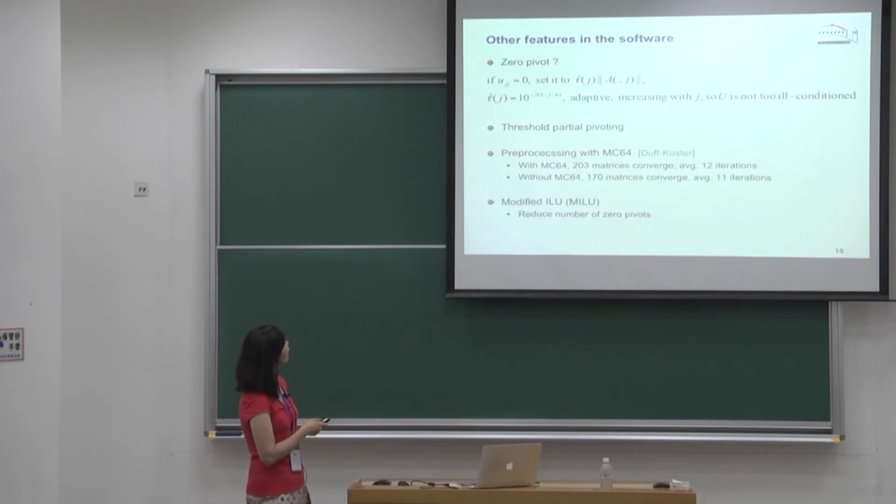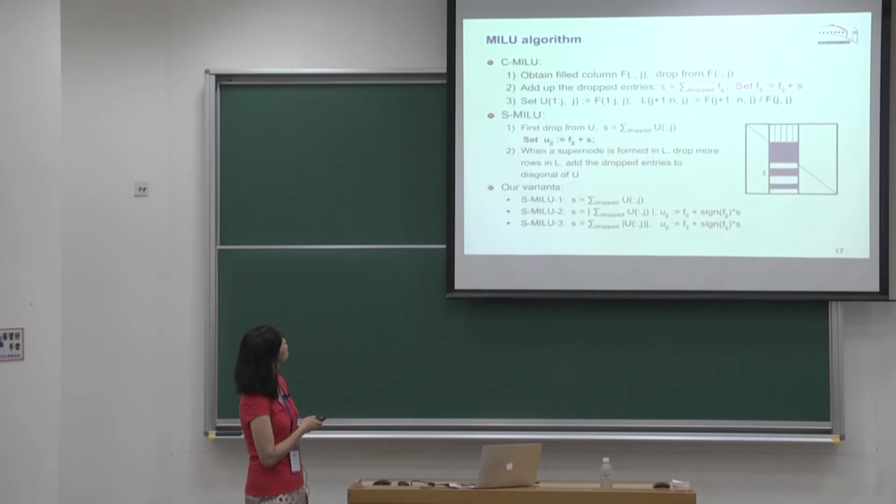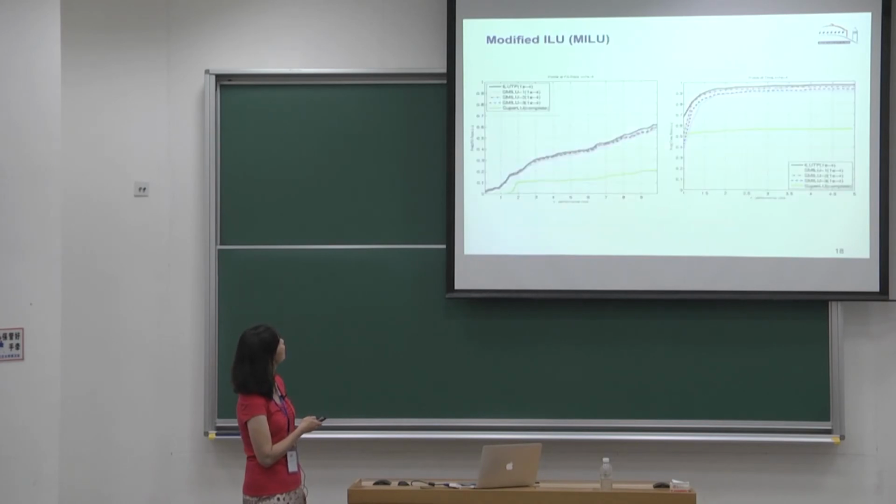Okay, so then there are some other features which I think are a little bit tedious, so I will skip those, which you can read. It's pretty well described. And then there's something for this modified ILU.